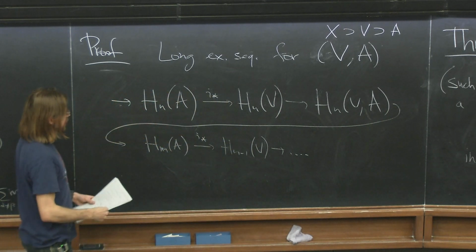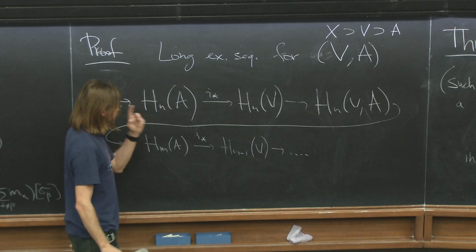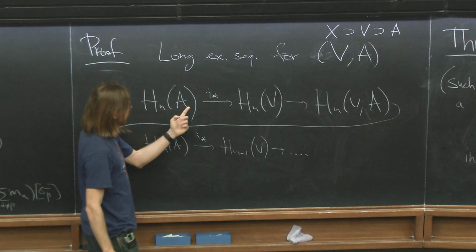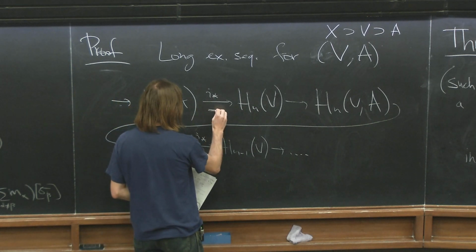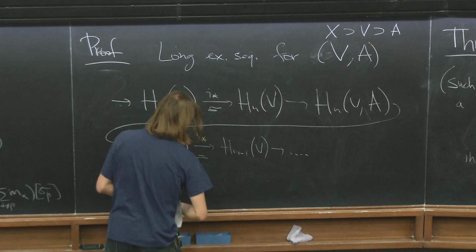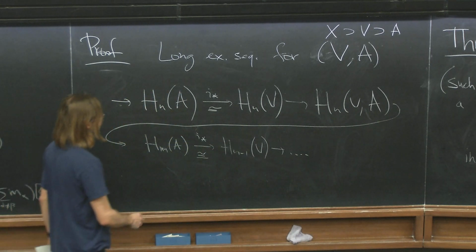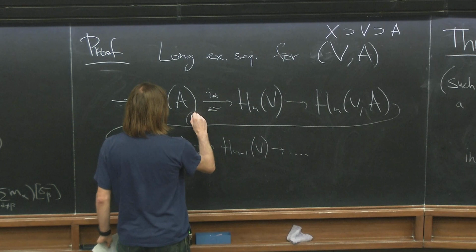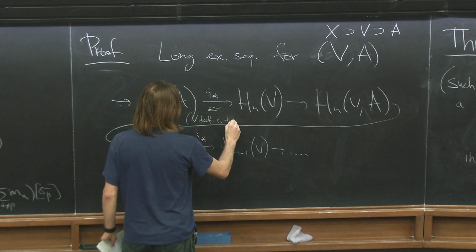And we know, since V deformation retracts to A, the push forwards of the inclusions are actually isomorphisms, because V deformation retracts to A.